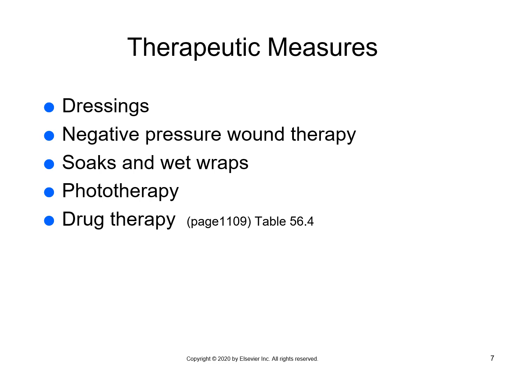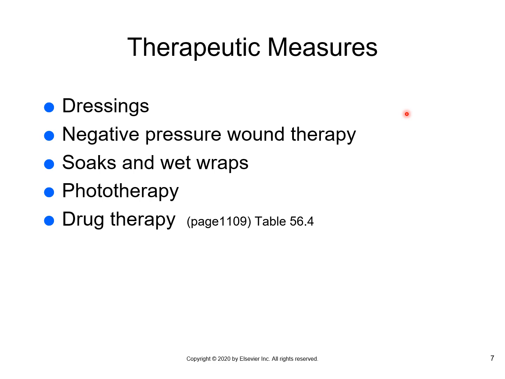Wet dressings, we can use to decrease inflammation, soften the crust, and promote tissue granulation. Absorptive dressings are used to promote removal of excess exudate and are especially useful in wounds with necrotic tissue. Occlusive dressings we also use to protect wounds and maintain moisture to promote healing.